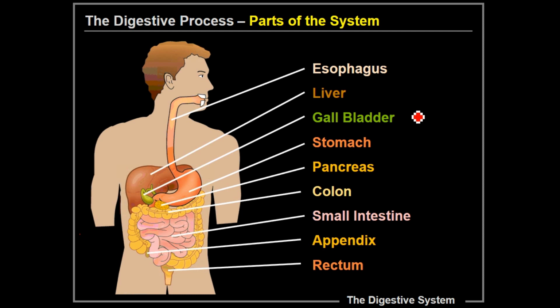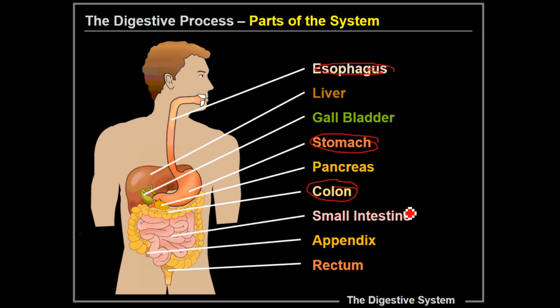All right, so if we're going to look at most of the organs that comprise or are used in your digestive system here, let's take a look at the ones that are considered a component of your GI tract. Does food go through the esophagus? Yes. So the esophagus is part of the GI tract. Does food go through the liver? No. Does it go through the gallbladder? No. Does food go through the stomach? Yes. So this is a member of the GI tract. Pancreas, no. Colon, yes, it's part of the large intestine.